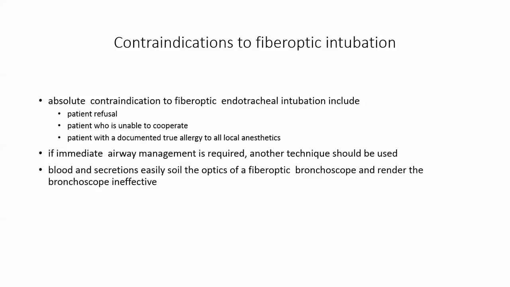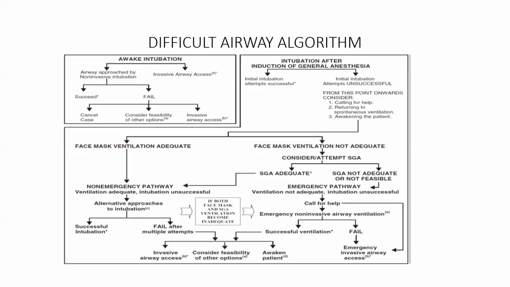Absolute contraindications to fiber optic intubation include patient refusal or a patient who is unable to cooperate, for example, a child or an obtunded patient, or a patient with a documented true allergy to all local anesthetics. If immediate airway management is required, another technique should be used. Blood and secretions easily soil the optics of the fiber optic bronchoscopes and render the bronchoscope ineffective.